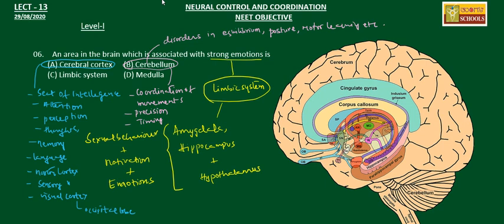Then coming to the medulla oblongata. This medulla oblongata has the respiratory center. Most of the involuntary functions are associated with it. It helps in vasodilation, that is relaxation of the blood vessels, thereby increasing the diameter of the blood vessels.